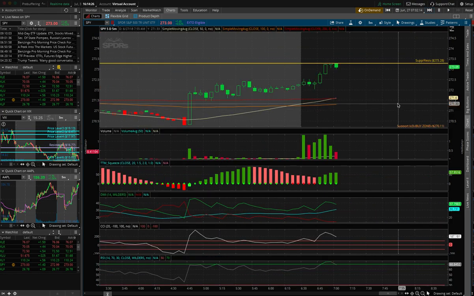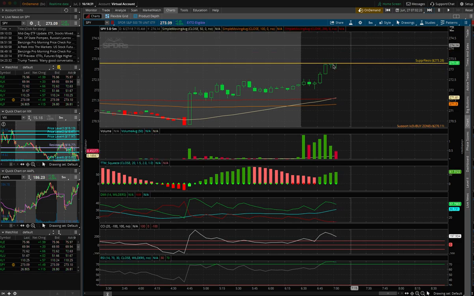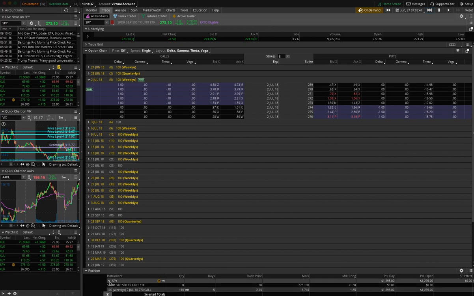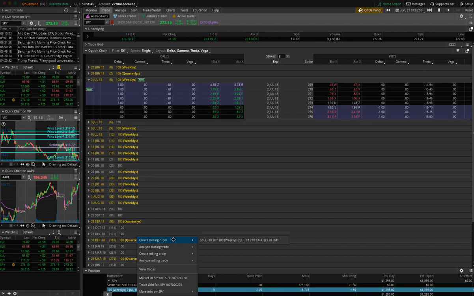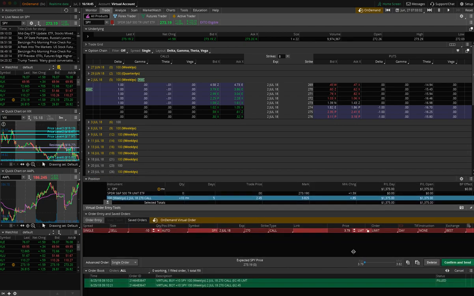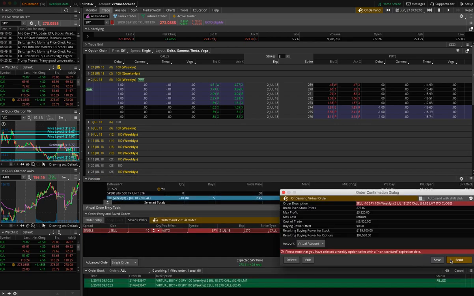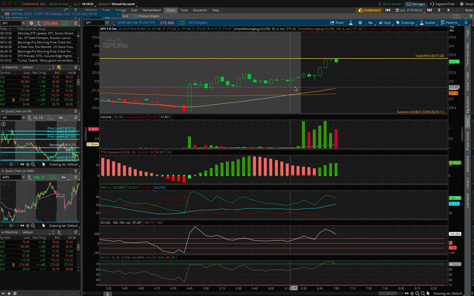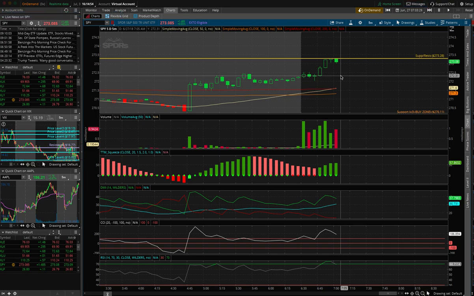Okay, so we're at our price target perfectly. So then we sell our trade. We sell our trade at our price target. And we did a perfect trade from our buy zone to our sell zone.